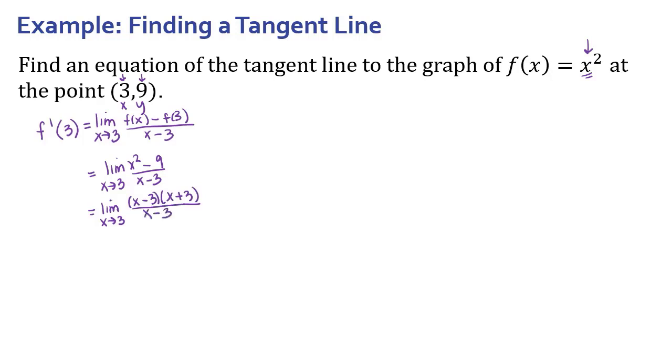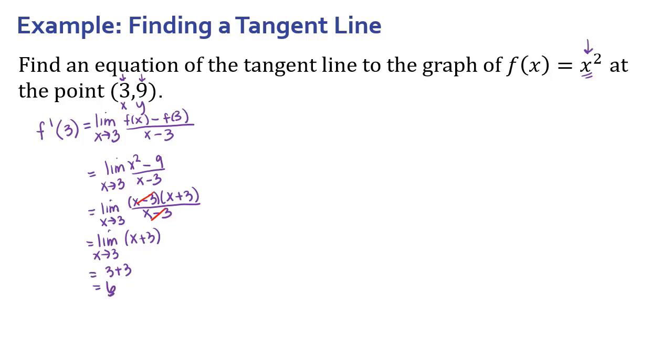The denominator is x minus 3, and those are going to cancel. Now I'm left with the limit as x approaches 3 of x plus 3. At this point I can substitute the 3 in, and I get 3 plus 3, which is 6. So the slope of the tangent at the x value of 3 is 6.